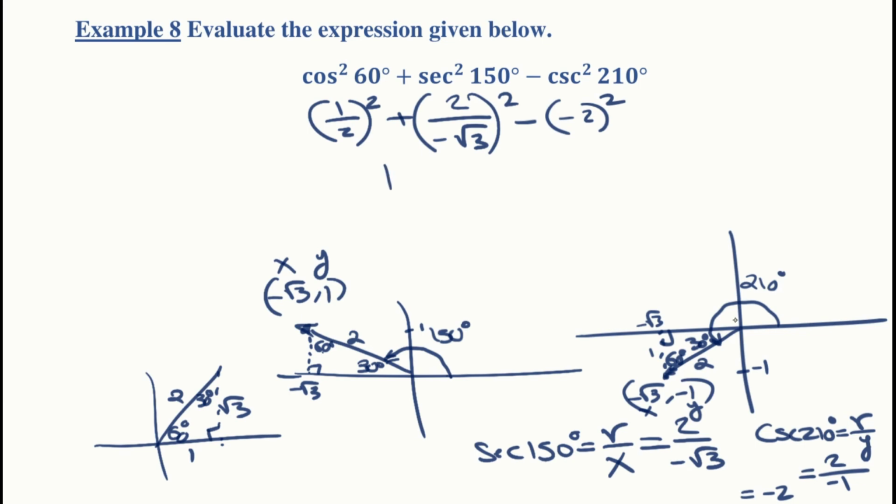So 1/2 squared is 1/4 plus, this is going to be 4 over, remember the negative square root of 3 squared is just 3, so 4/3. Negative squared, of course, is positive, minus negative 2, the square of negative 2 is going to be 4.